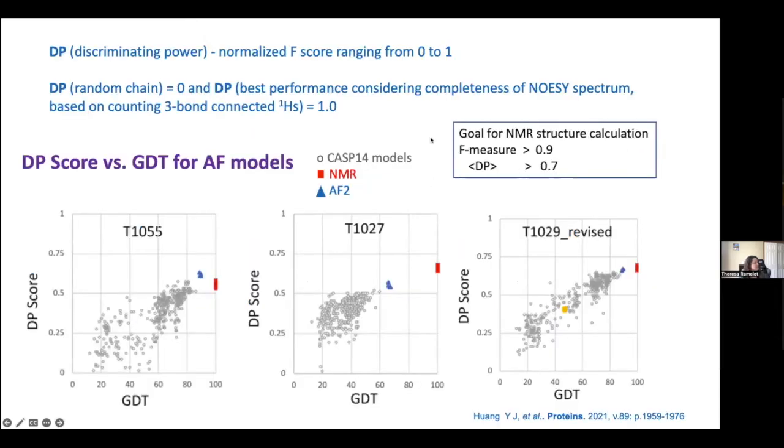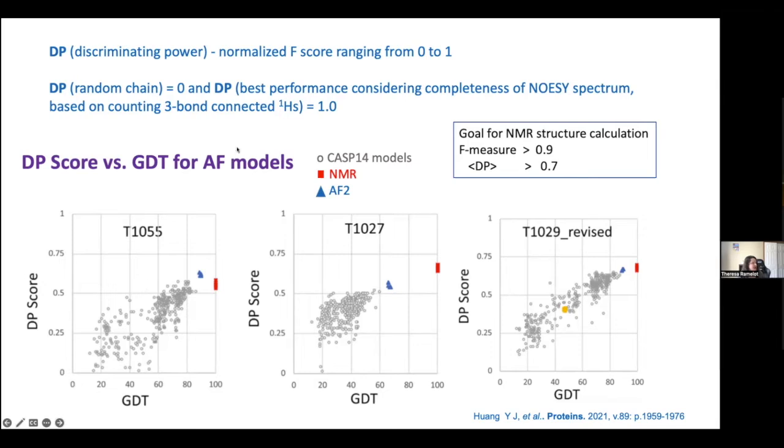So the very last thing we do is we want to normalize that F score, that metric, to get discriminating power. So what we do is we normalize it so that it runs from 0 to 1. And so 0 would be like any random, you take your protein structure and you make a random chain, so it's not folded up. You would hope that would have a match to the data of 0.